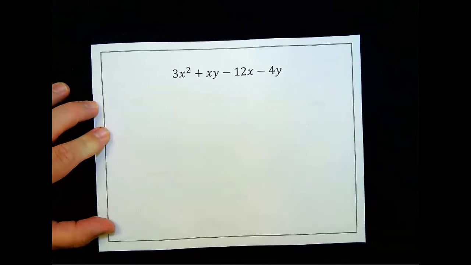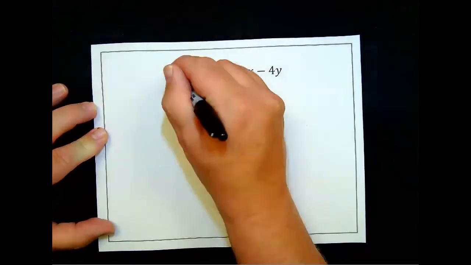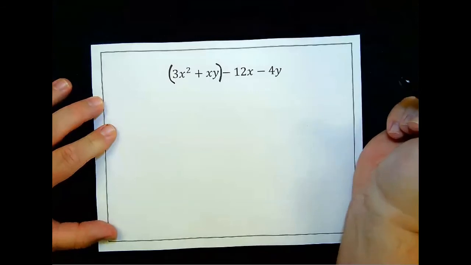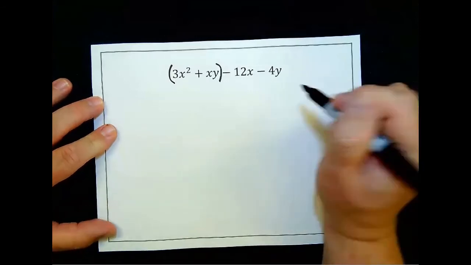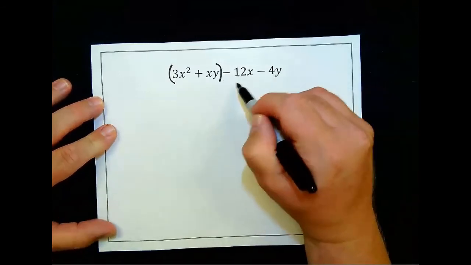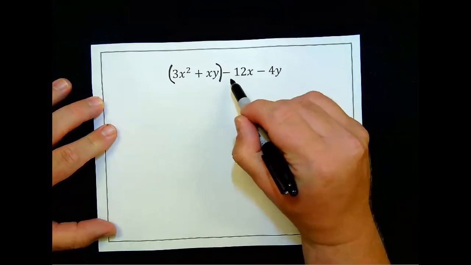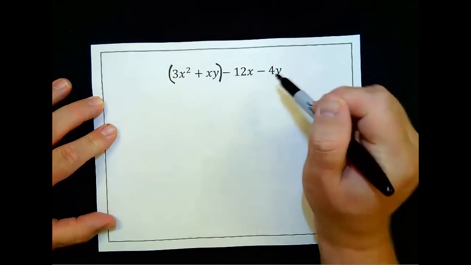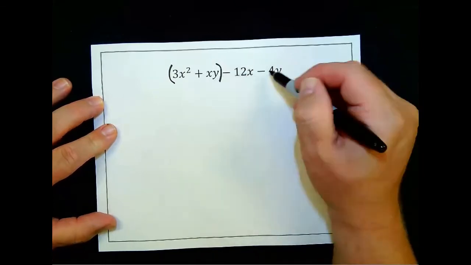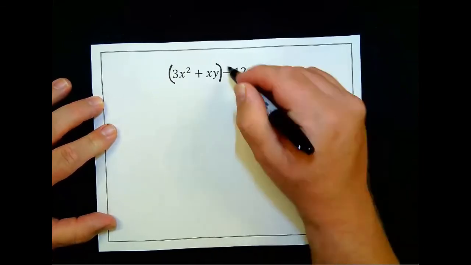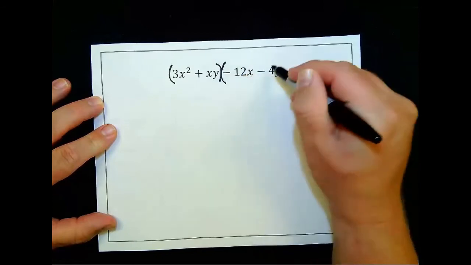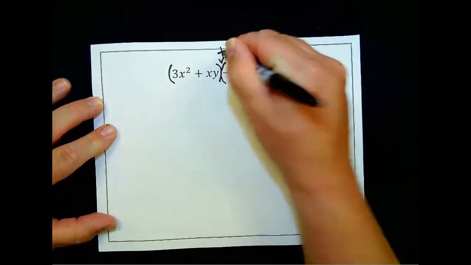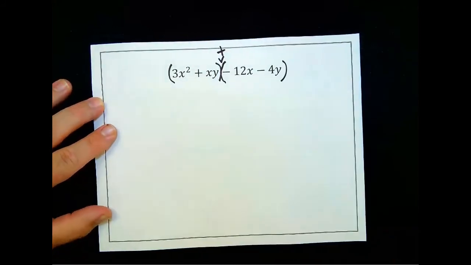So once again, I'm going to group the first two terms. And you have kind of a problem here because you have a minus 12x. So when I group this one here, I'm going to group this whole thing, including the minus, and I'm just going to make myself a little note to put a plus in between there.